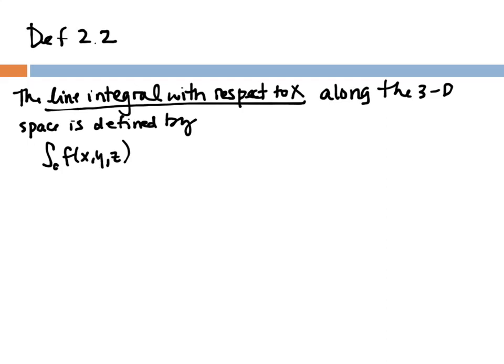integral over C of f of x, y, z dx equals the limit as the partition goes to 0 of f of xi, yi, zi, delta xi.